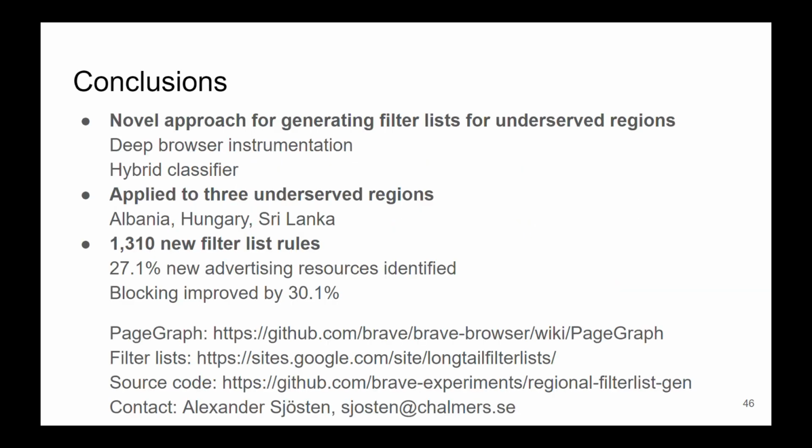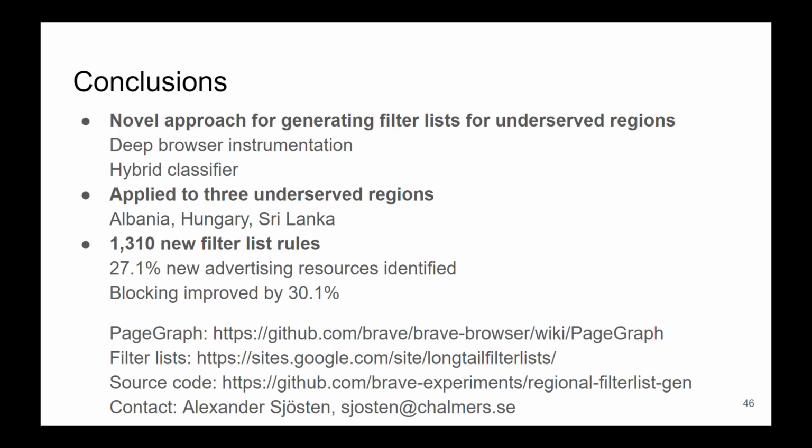So, to conclude, I have presented a novel approach for generating filter lists for underserved regions. It's based on deep browser instrumentation, which helps generate a graph over the page execution, and also a hybrid classifier, which consists of both contextual and perceptual features.